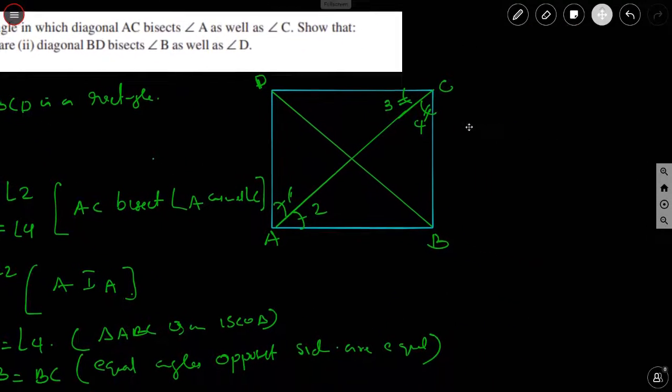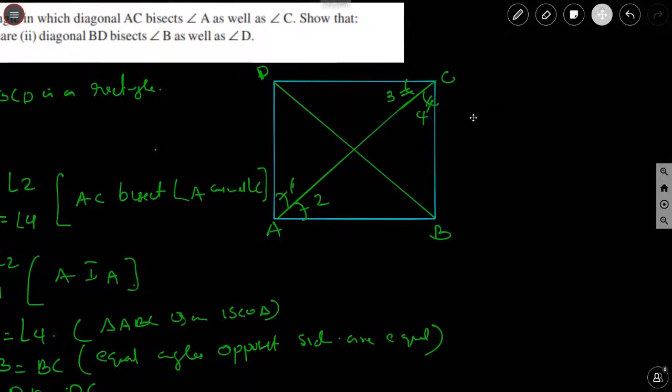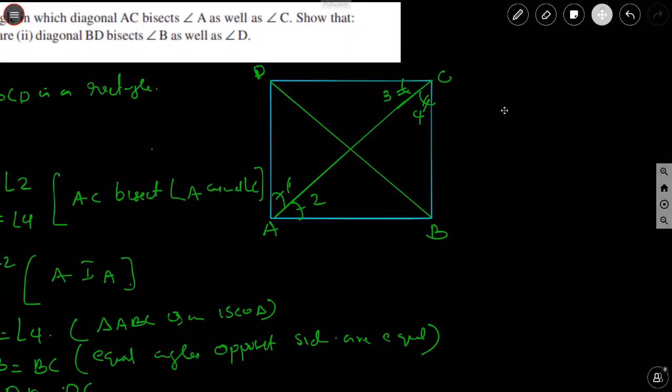Then the second one: diagonal BD bisects angle B as well as angle D. Same as that, you can consider triangles for the second answer.